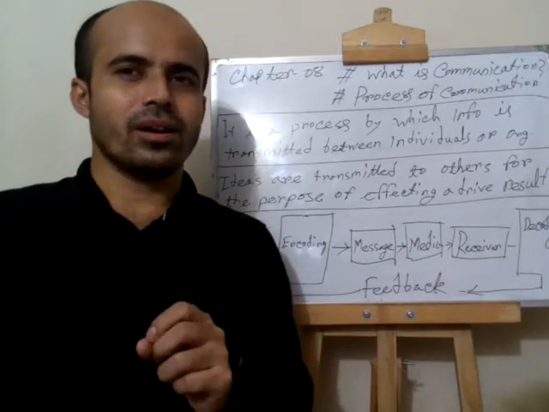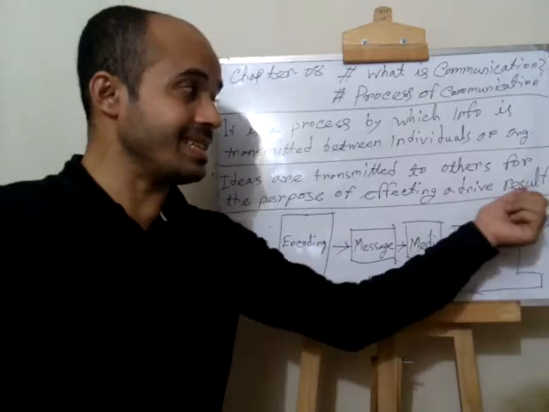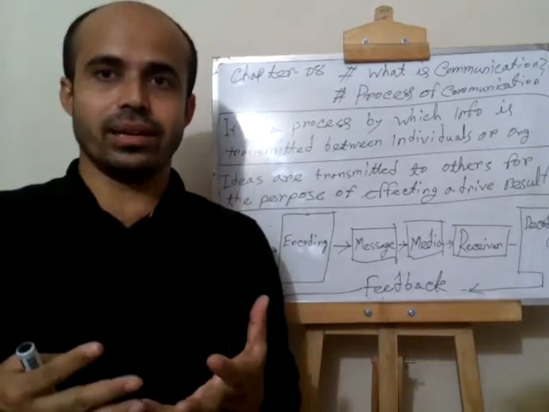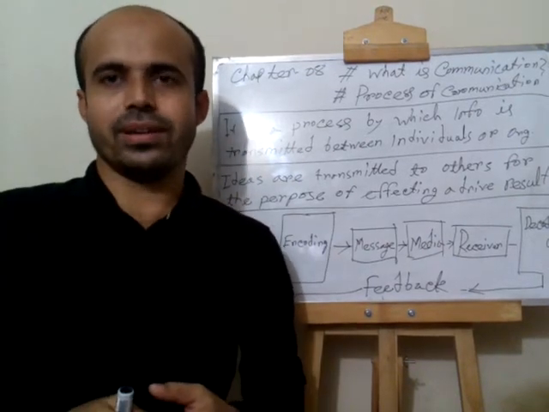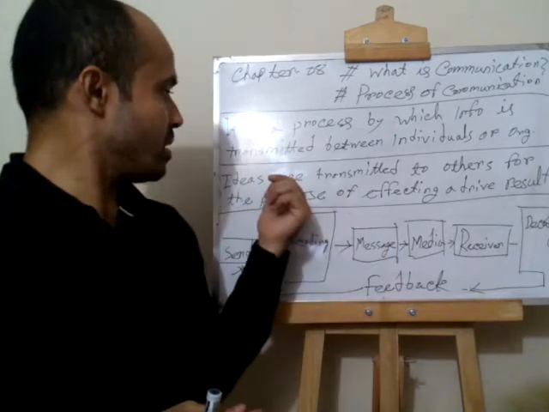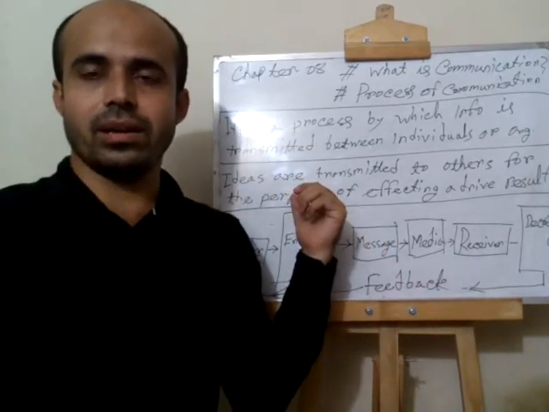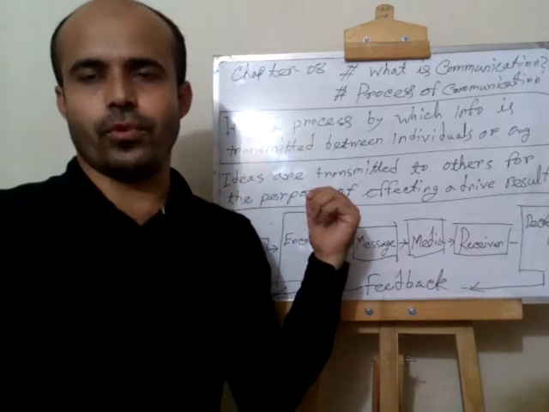What is the purpose of this? To get the book. That is why here is a desired result. So if someone intentionally, willingly asks someone to get a book, the person is transmitting his point of view, his attempt, to others to get a book.